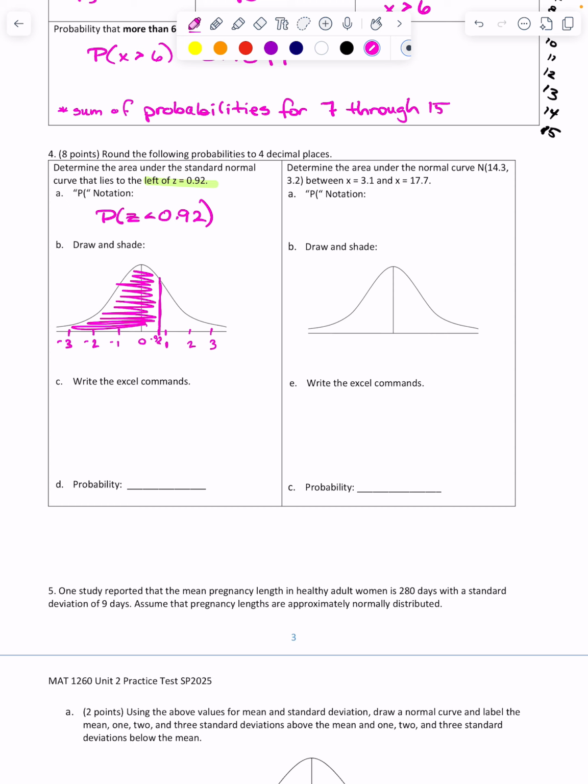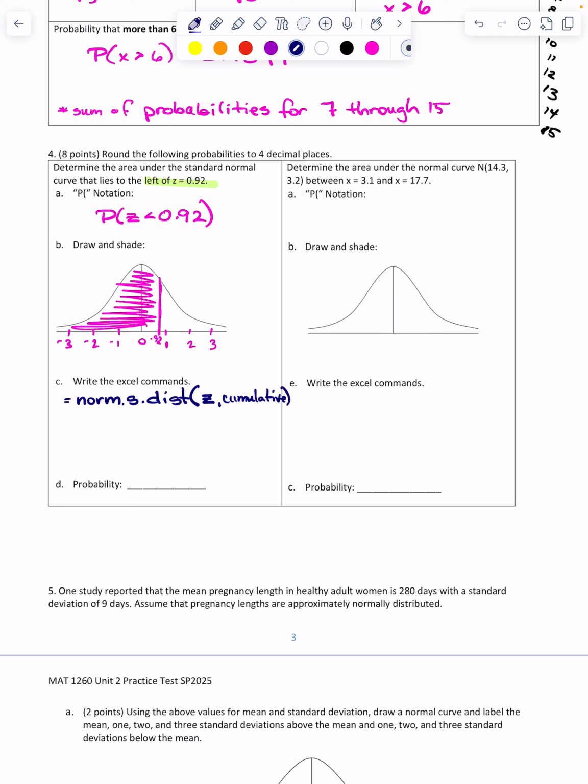Okay, so the Excel command that we're going to use, because it is a standardized distribution, because we're using z-scores, is norm.s.dist. When you choose that, it's going to ask for z and then the cumulative.